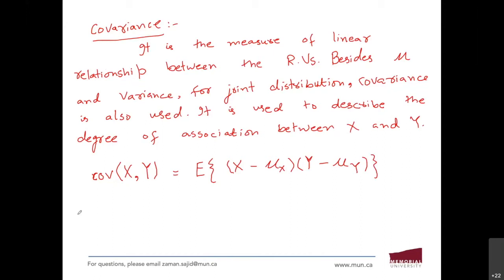Now this is also represented as sigma of x of y, because you know sigma is denoted for the variance.